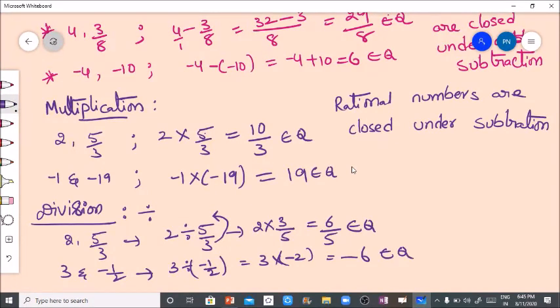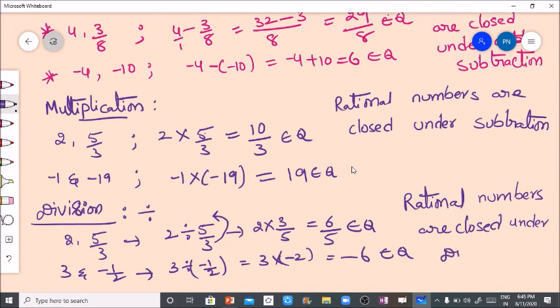So we conclude that rational numbers are closed under which basic operation? Under division. Here is a mistake. This is not subtraction. This is multiplication.